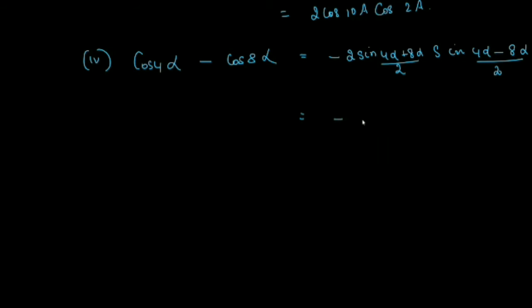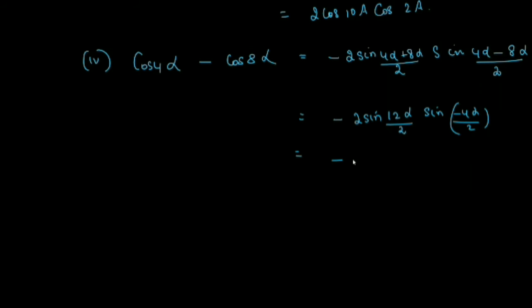That is equal to minus 2 sine of 4 alpha plus 8 alpha, which is 12 alpha by 2, and here sine of 4 minus 8, minus 4 alpha. That is equal to minus 2 sine 6 alpha sine minus 2 alpha.